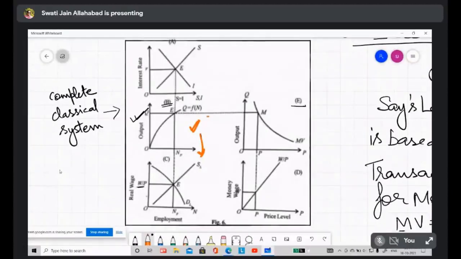And then you move in this direction, and then you show this MV is equal to PT. Now when you say MV is equal to PT, here you are showing Q. So Q and T are same. Q is the output and T is the total transaction in terms of the quantity.